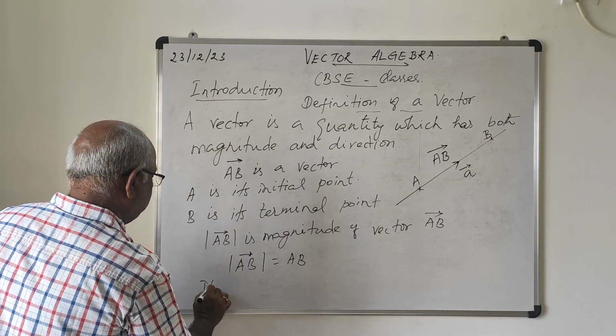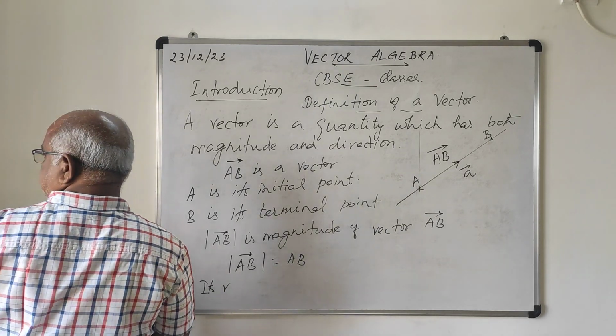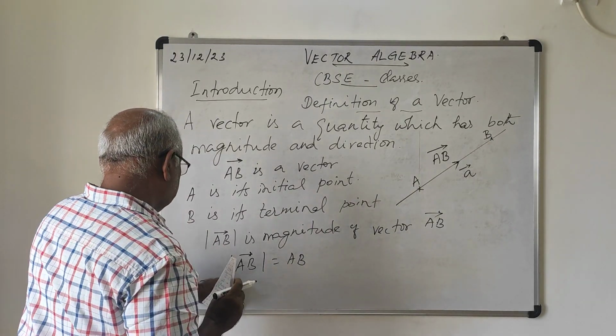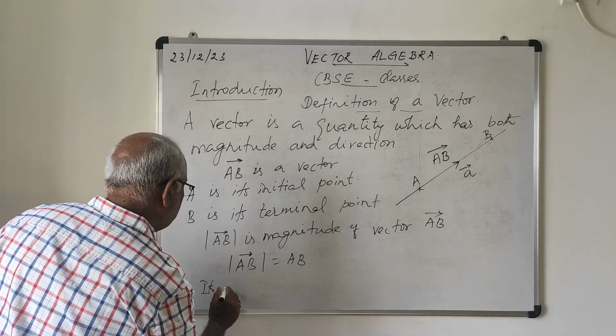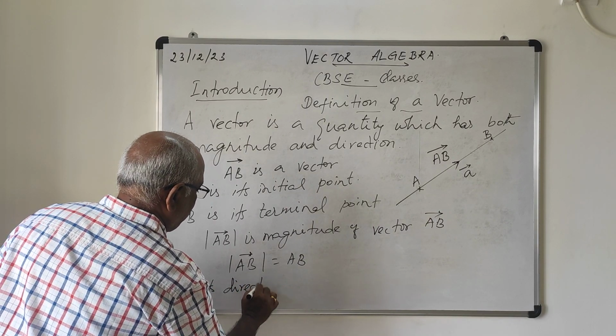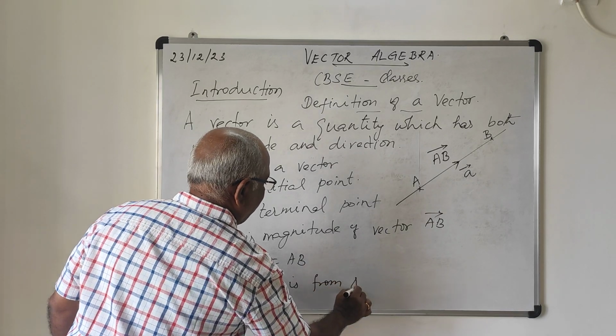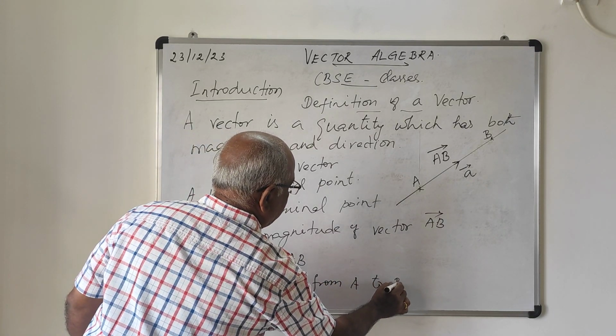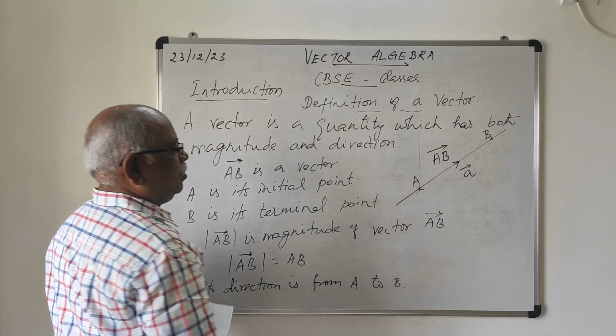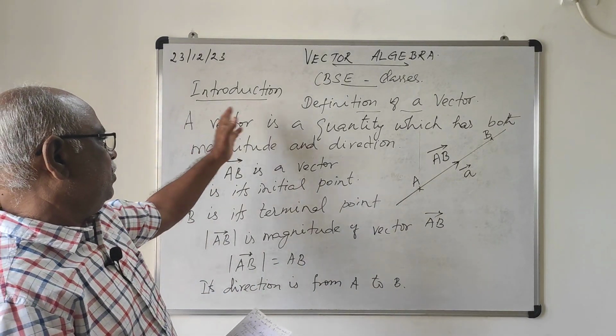The vector's direction is from A to B. So this is the notation or definition of a vector.